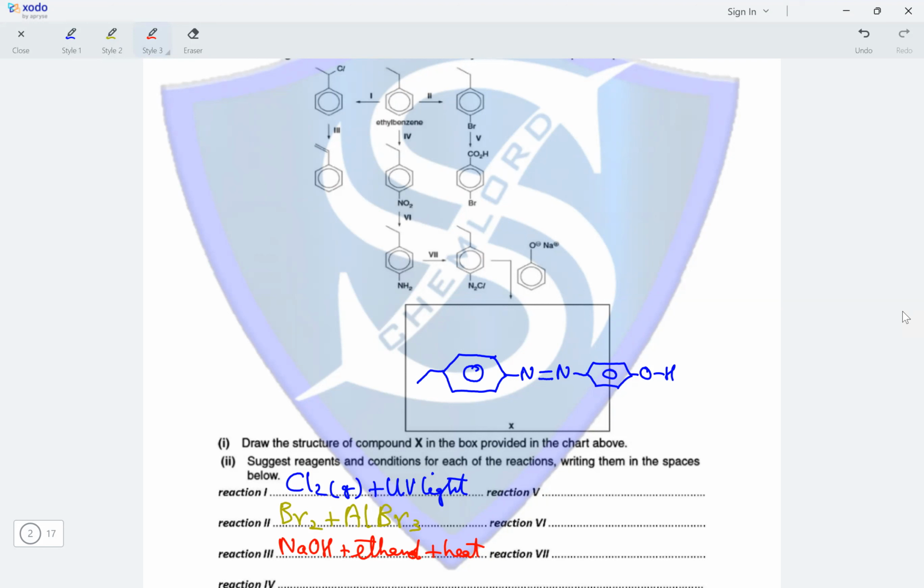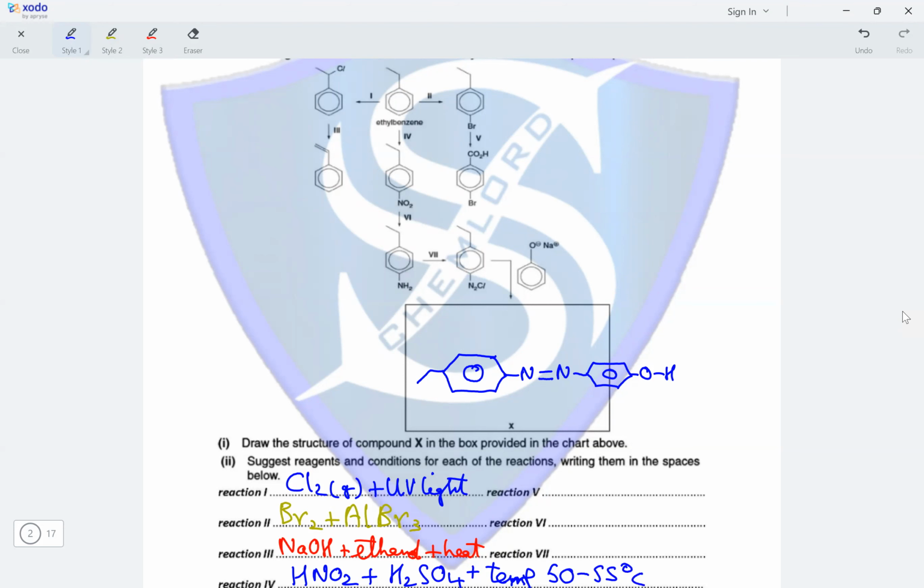Reaction 4 is conversion of ethyl benzene into ethyl benzene with a nitro group on it. So nitration of benzene is taking place. So here we would have HNO3 plus H2SO4 and temperature between 50 to 55 degrees Celsius.